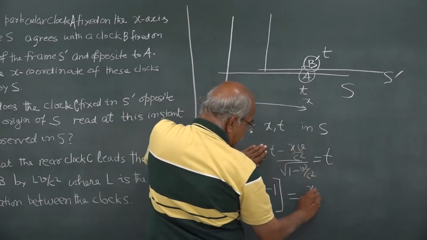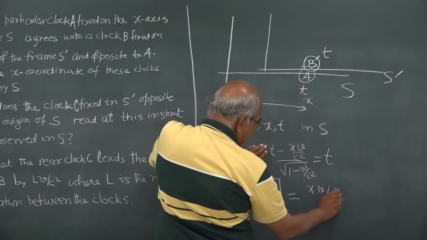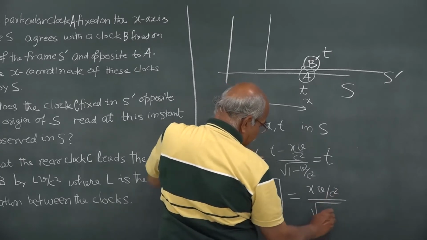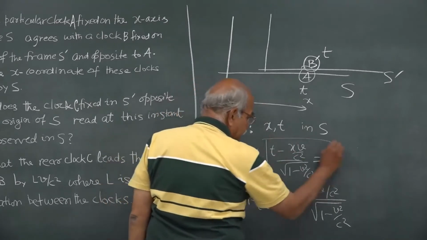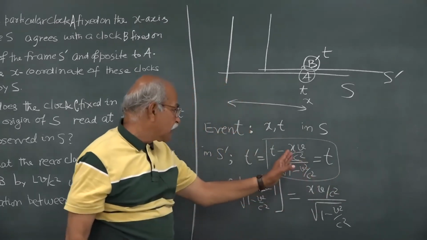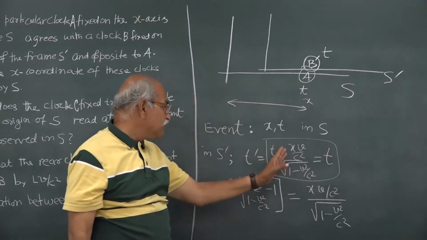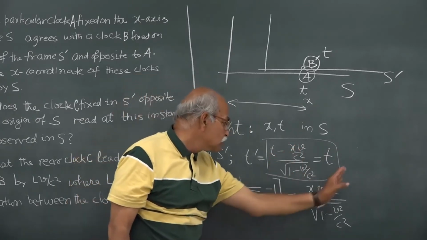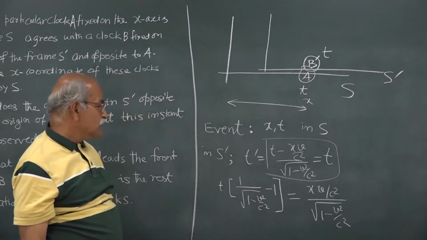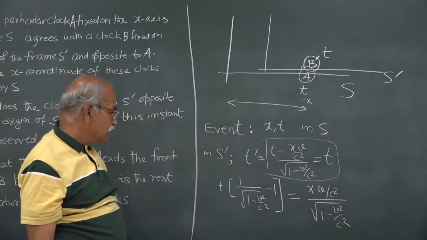So it is x v by c square and then square root 1 minus v square by c square. Okay, so in this equation, I am transposing this, t comes to the left and this minus x v by c square divided by this, that goes to the right side. And so from here you can write what is x.